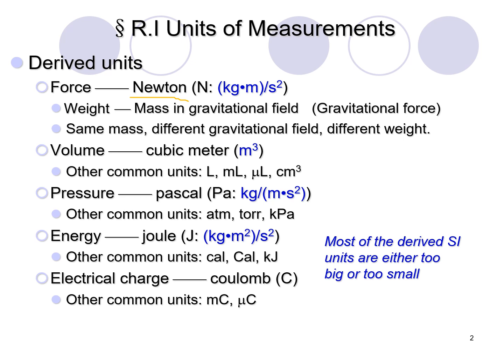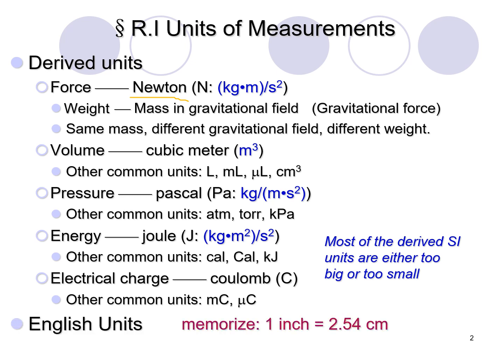If you don't think those units are quite confusing already, we also live in a country where English units prevail. So here I'm not going to talk too much about this English unit system. All I want to point out is that we need to memorize how to convert an inch into centimeters.